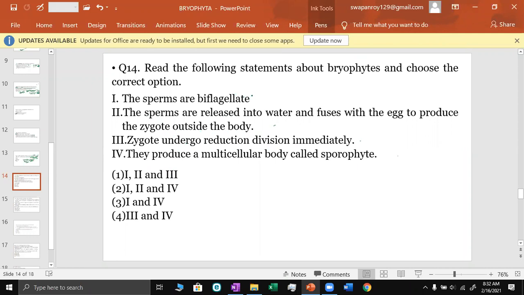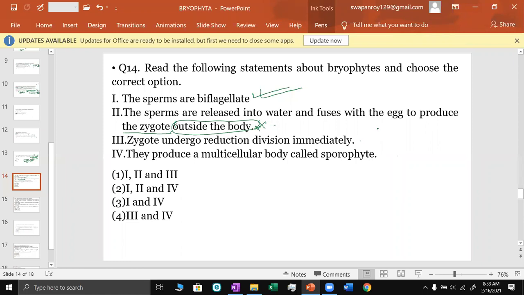Yes, the sperms are biflagellate. This is true. Statement two, up to the egg, is right, but outside the body is not correct. This portion is wrong because reproduction is oogamous and the egg is not released.